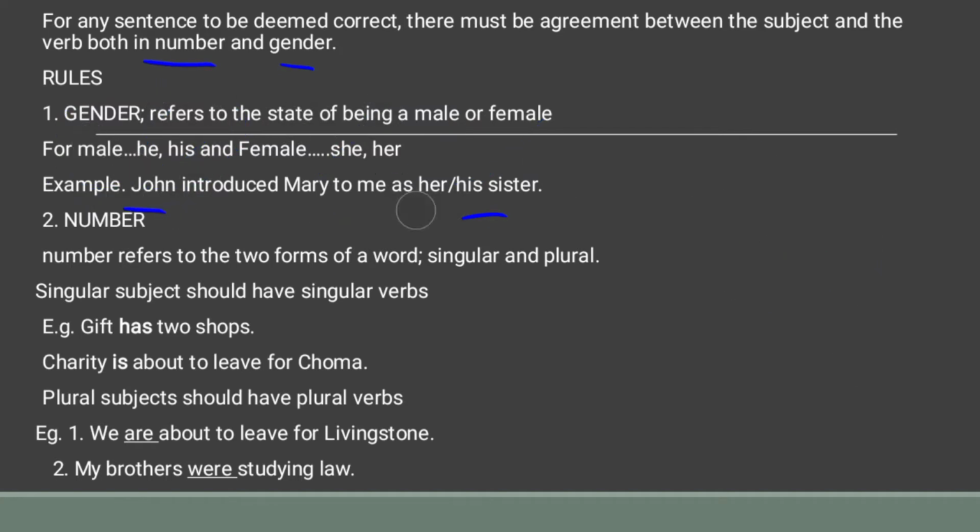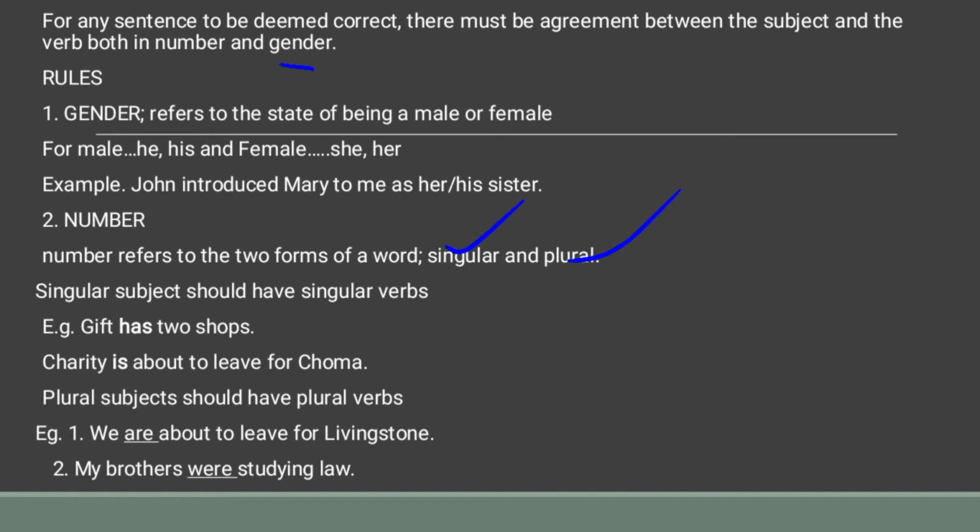Apart from gender, we have number. So we are talking about subject-verb agreement. Now, in number. When we talk about number in English, we simply refer to singular or plural.